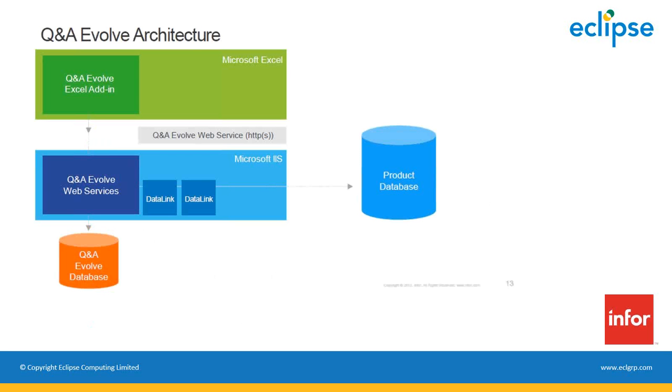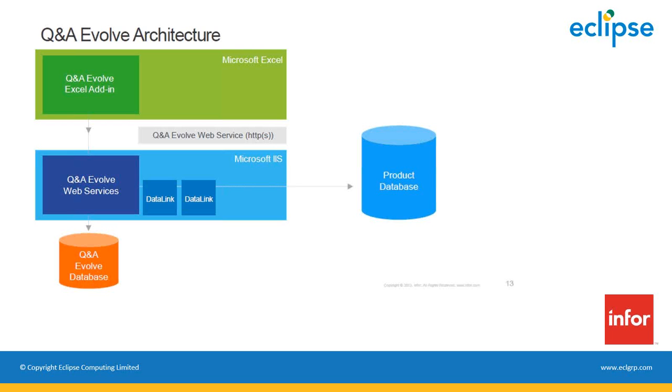So that brings us nicely onto the architecture of the new products. I don't want to dwell too much on this, but it's really just to emphasize that one of the fundamental problems with Q&A releases up until now, especially with regards to performance, and one of the things that majorly reduces the performance of Q&A Vision, apart from badly designed reports, is the fact that Q&A is purely a client-based tool, so every installation is effectively making a connection to the database.